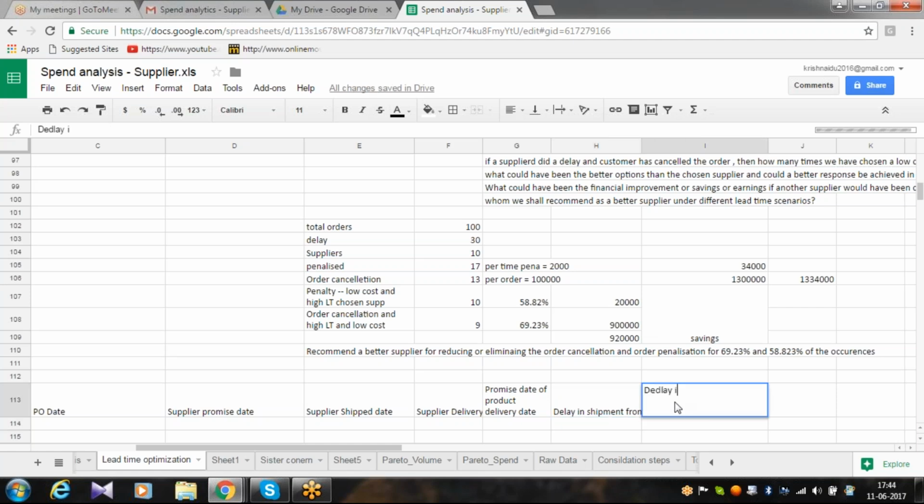Delay in PO number is also there, right? PO number is on. Delay in shipment from your side to your customer. This is the supplier point of view, delay in shipment from supplier. And this is from our side to our customer, because we are using the supplier's product to manufacture a product for our customer. Okay.